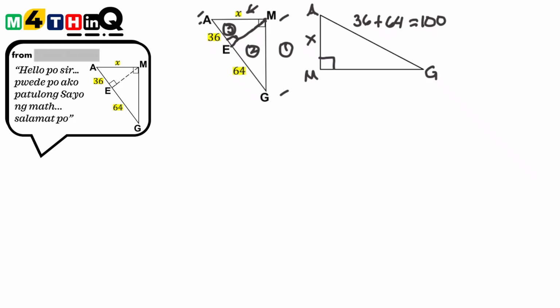Just by looking into this, we cannot solve this yet if we are going to use other concepts like the special right triangles, the 30-60-90, or the 45-45-90, because we don't know the measurement of any of the angles except for the 90 degrees. At the same time, we cannot use here the trigonometric ratios because we also need the measurement of one angle in order for us to solve for this item.